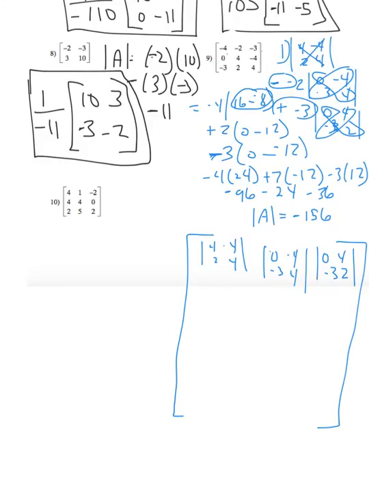Okay, now I'm gonna take this one. So its minor is -2, -3, 2, 4. Now I'll do this one. So its minor is -4, -3, -3, 4. And now I'll do this one. So its minor is -4, -2, -3, and 2.